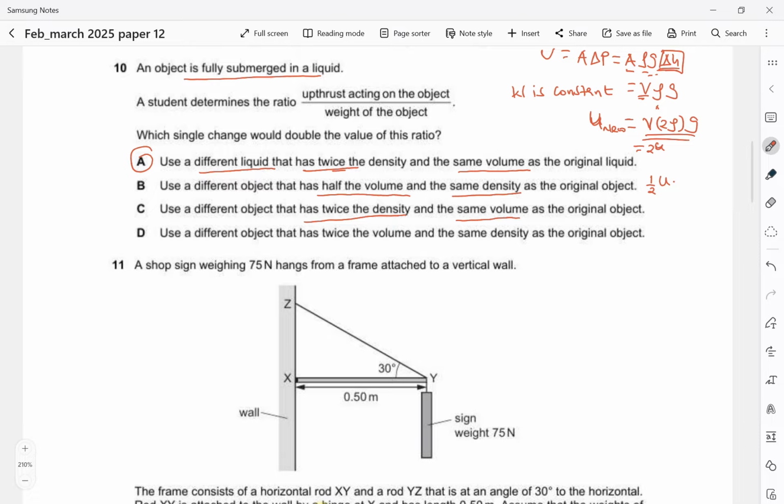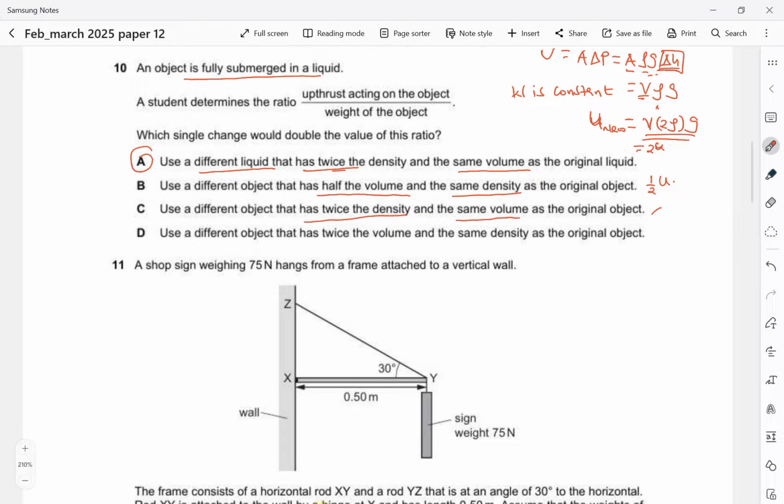Here they are saying use a different object that has twice the density and the same volume as the original object. So the upthrust does not depend on the density of the object, it depends on the density of the liquid in which it is submerged.